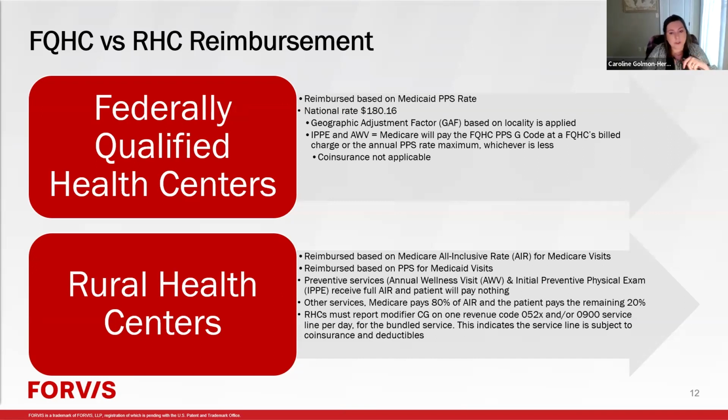RHCs differ a little bit from FQHCs. Those RHCs must report modifier CG on one revenue code, either the 052 or the 090 service line, per day for the bundled service. That CG modifier is really just indicating that the service line is subject to coinsurance and deductibles.